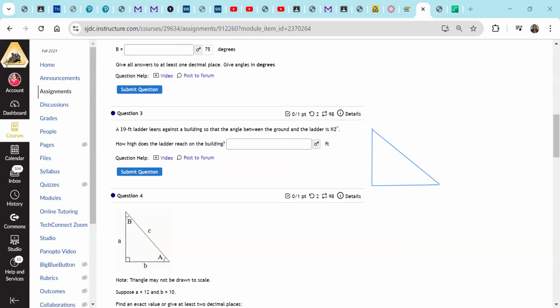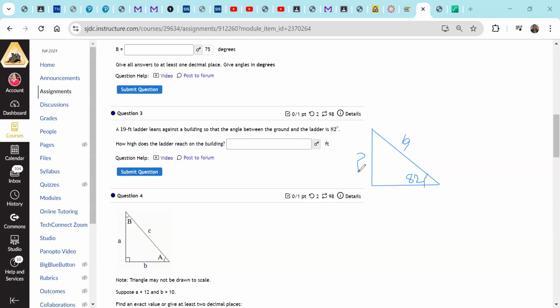The ladder is 19 feet. This is known to us, 19. The angle between the ground and the ladder is 82. This angle is known. How high does the ladder reach on the building? This one we're going to find.